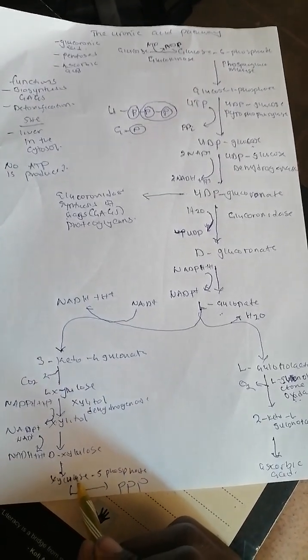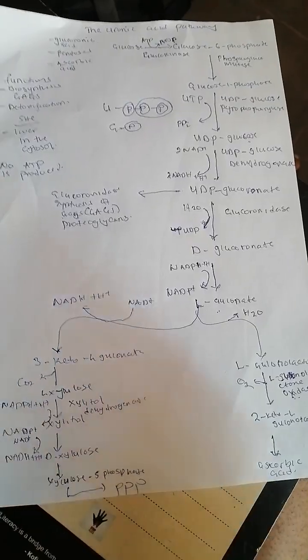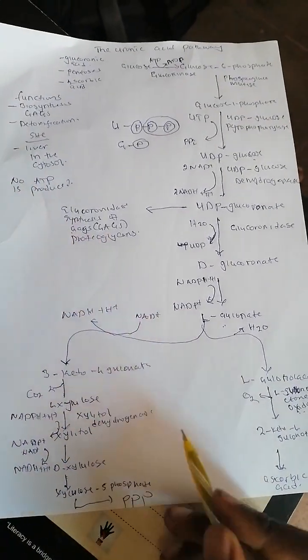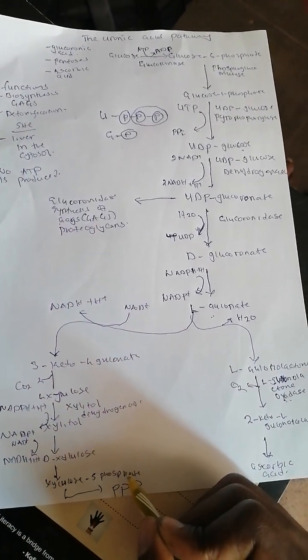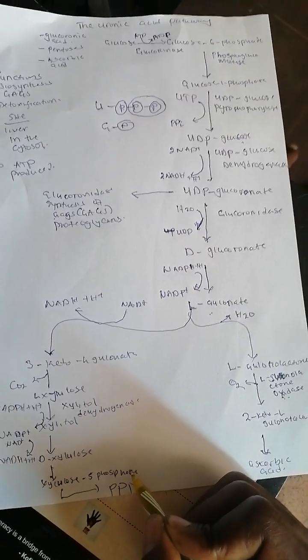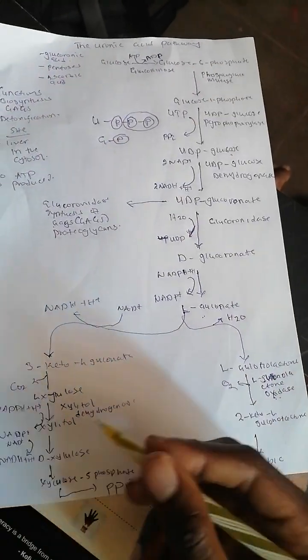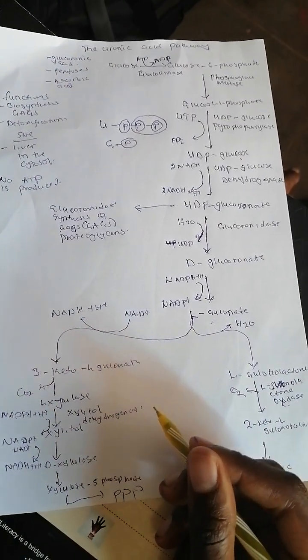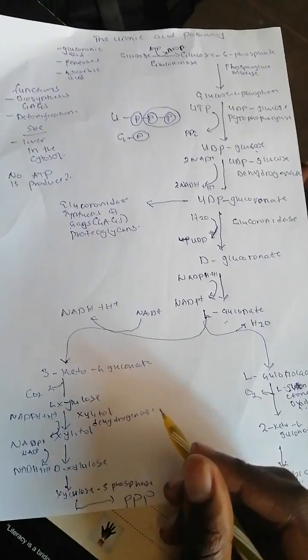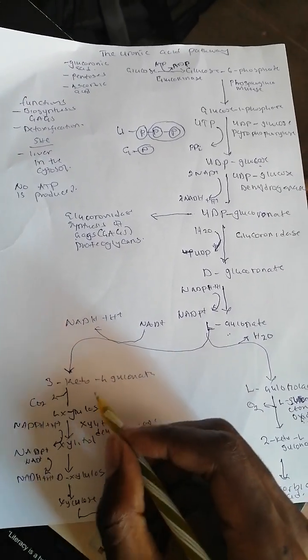There was this molecule, the xylulose 5-phosphate, which was being converted to fructose 6-phosphate, which was going into the glycolysis pathway.